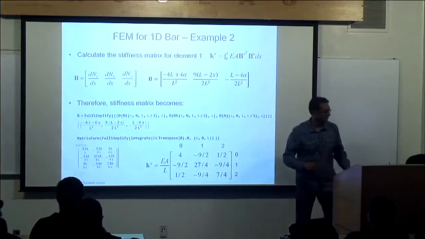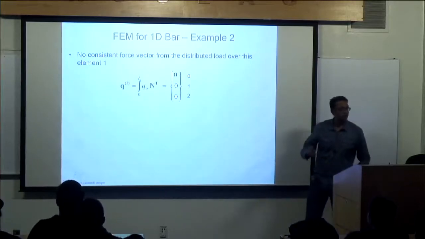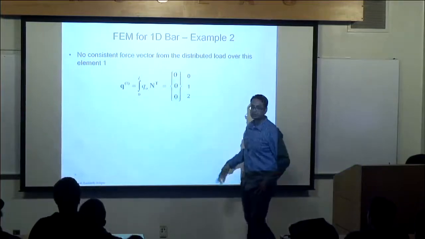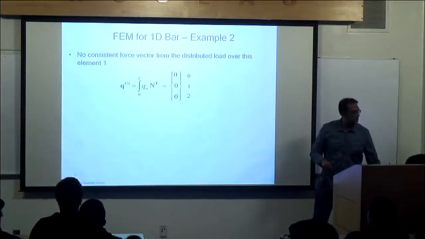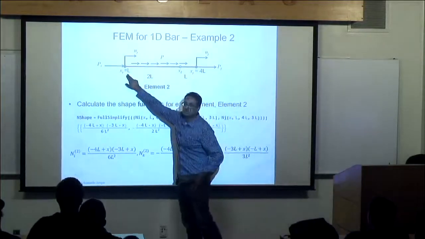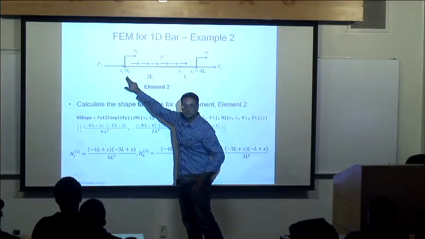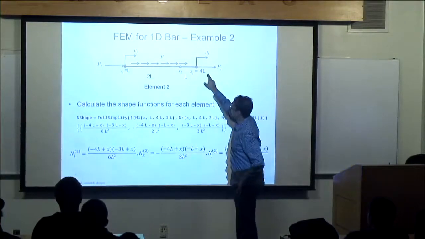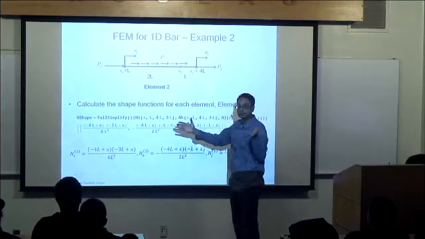Okay, so we'll continue here. For element 1, again, I have no distributed force, so zeros across, right? Element 2, here, just keep in mind, it starts at xi equals L, where I left off with the other element, and I go to 4L, because my element length is 3L.